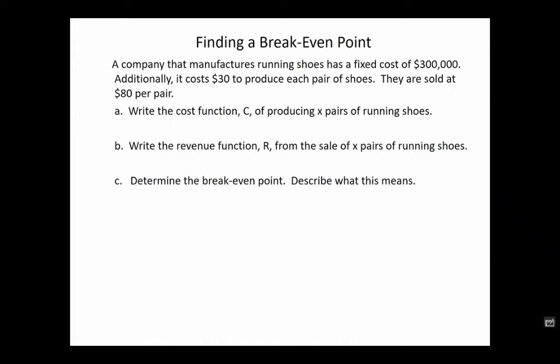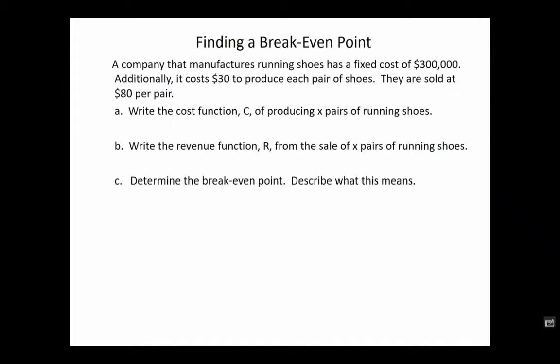A company that manufactures running shoes has a fixed cost of $300,000. Additionally, it costs $30 to produce each pair of shoes. They are sold at $80 per pair. So let's write the cost function C of producing X pairs of running shoes.